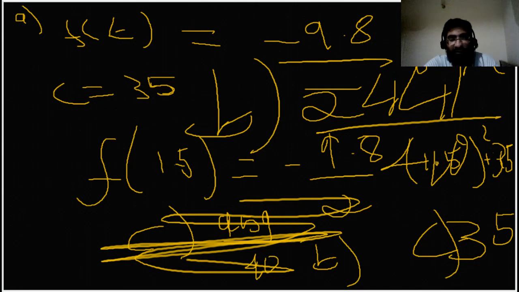Okay. Part D. Forget everything you know about physics. Learn from me. Put these values in the calculator. Minus 4.9 into 1.5 squared plus 35. The answer would be 23.975.